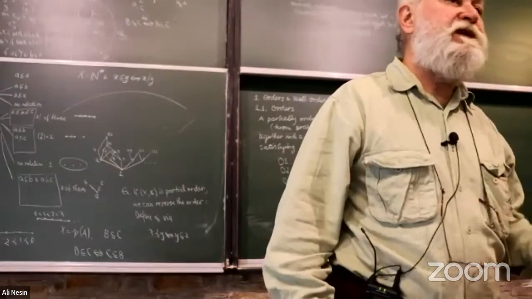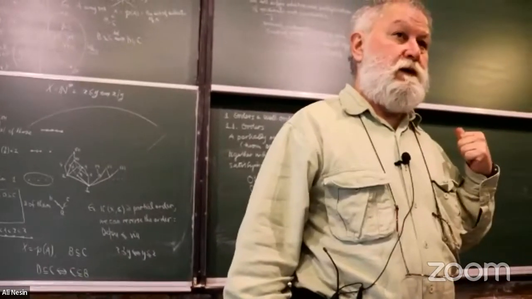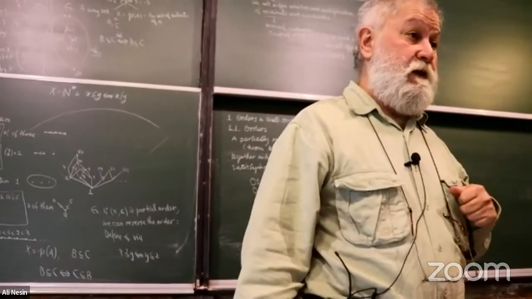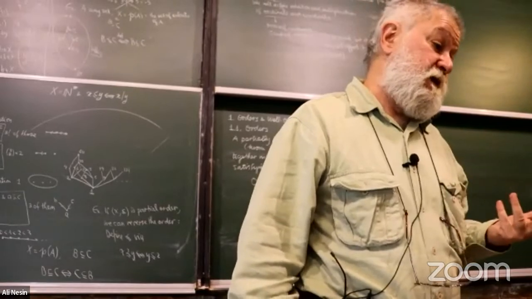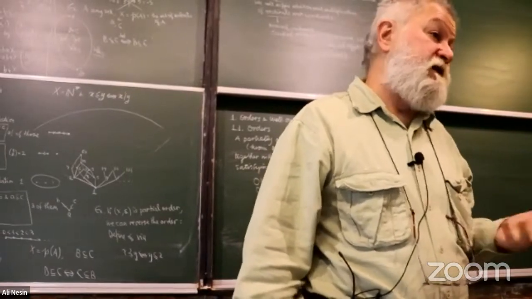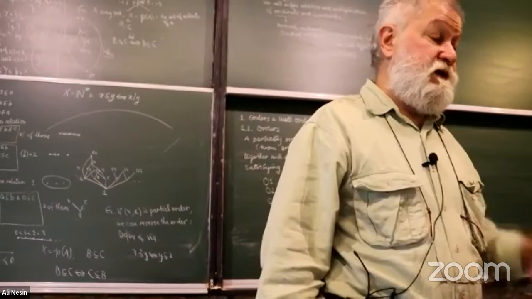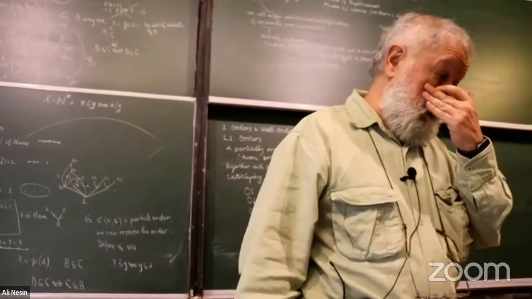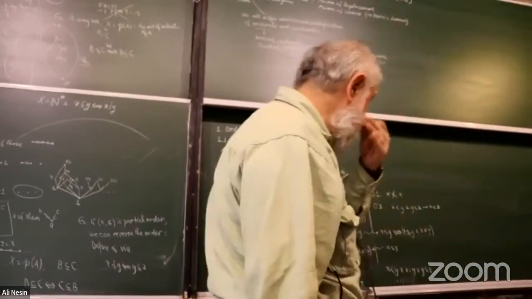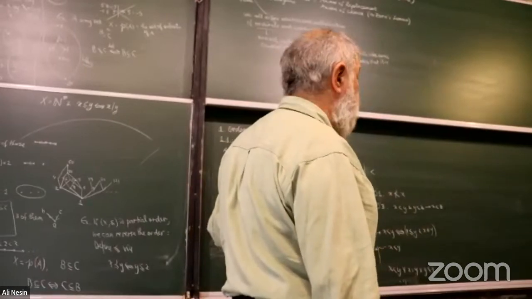First year students can understand this course theoretically, but you need some mathematical maturity that you may not have at this level of your education. But theoretically, first year students can understand these things. It's not too complicated.